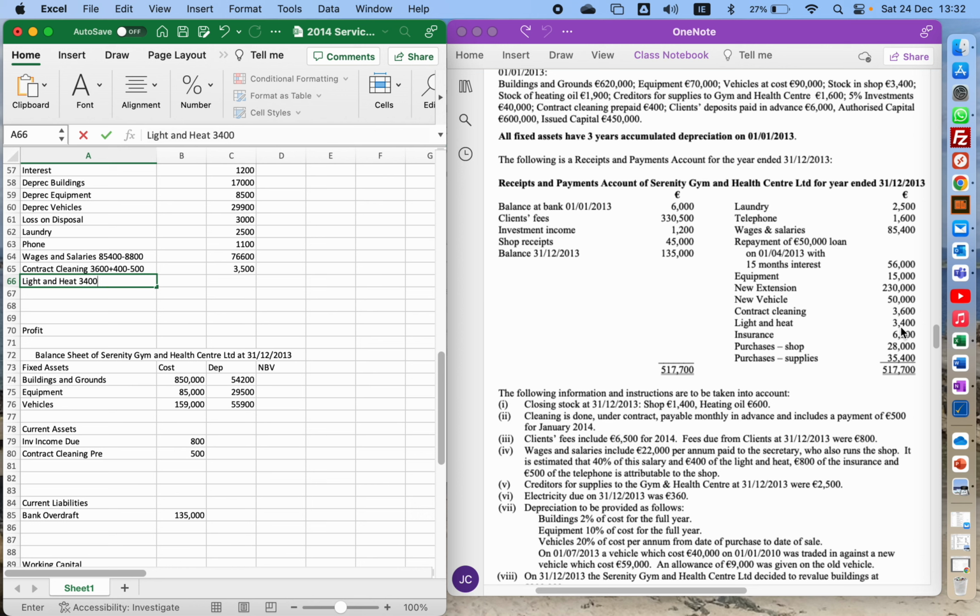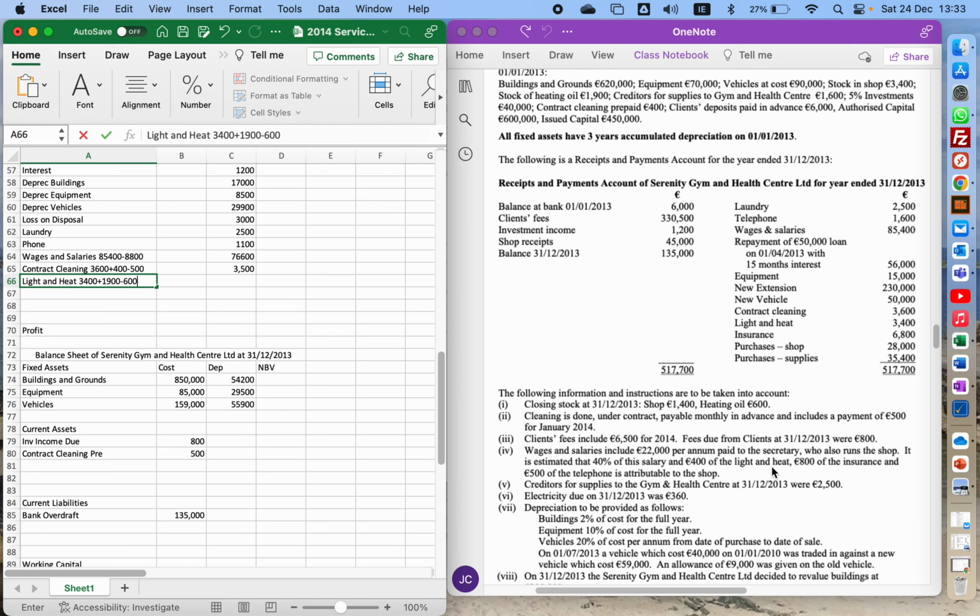Was there a stock? There was a stock of heating oil, so I'm going to include that into this year. Stock of heating oil at the beginning. No electricity bills due or anything. Stock of heating oil 600 at the end, so that's a prepaid for next year. So I'm going to take that out of this year and put that into next year.